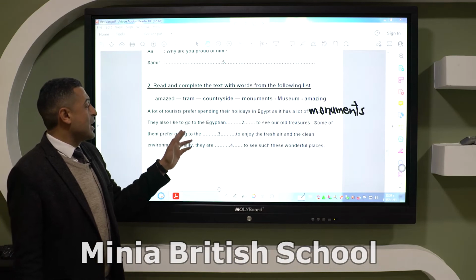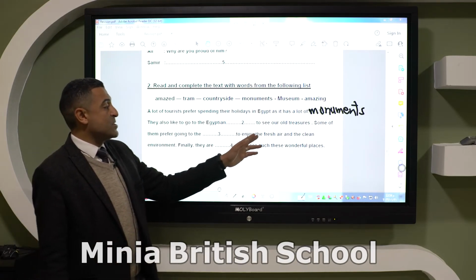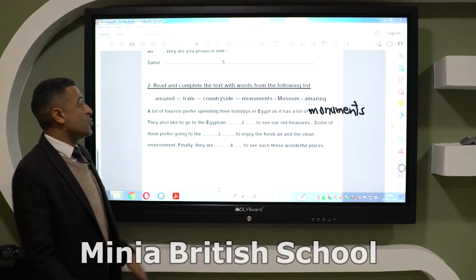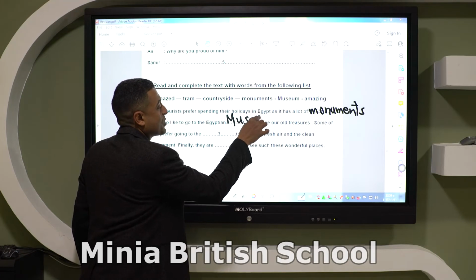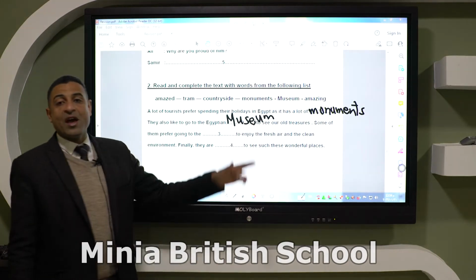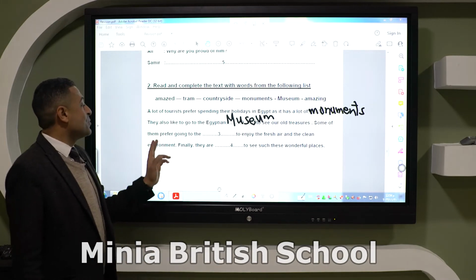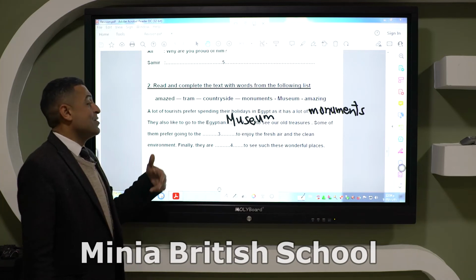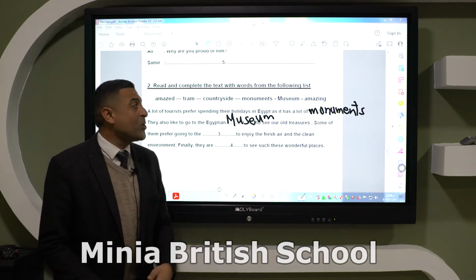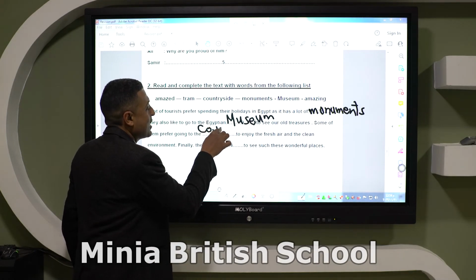They also like to go to the Egyptian space to see our old treasures, of course, to the Egyptian museum to see our old treasures, because this is the place where we have our ancient treasures. Some of them prefer going to the space to enjoy the fresh air and the clean environment. Of course, we can find this in the countryside or the village.